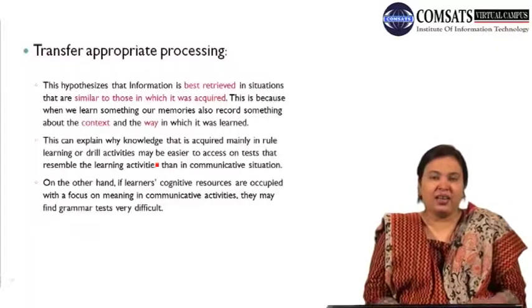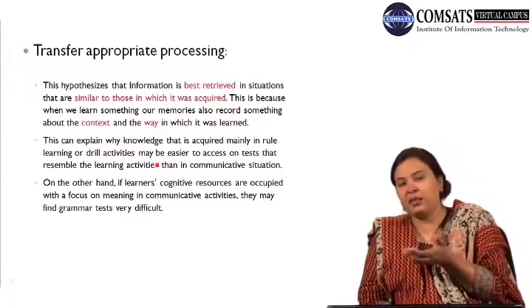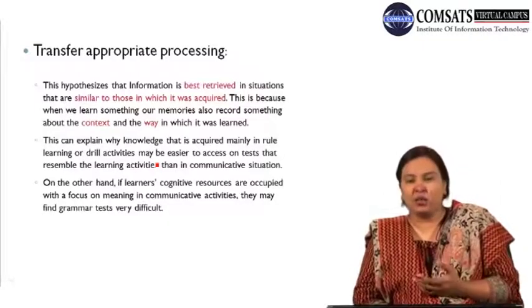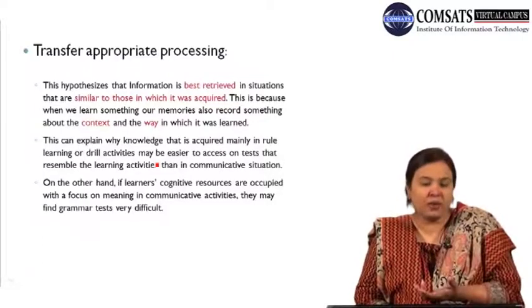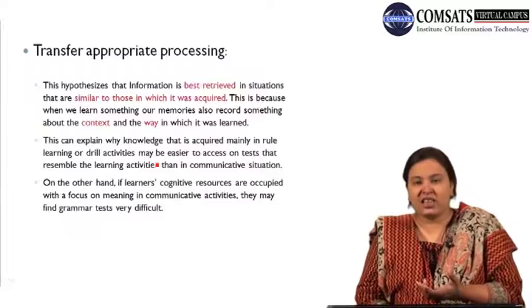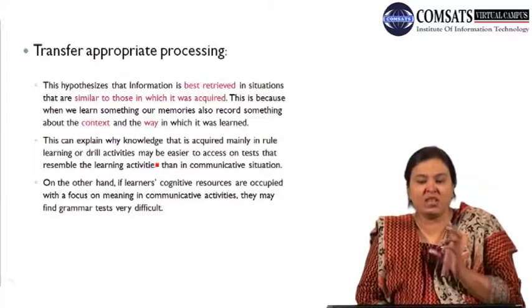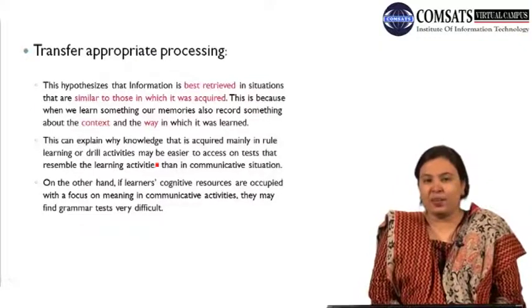And finally, in this information processing is transfer appropriate processing. Once we acquire this second language as a skill or something like that, then we transfer this appropriate processing. And this hypothesizes that information is best retrieved in situations that are similar to those in which it was learned.